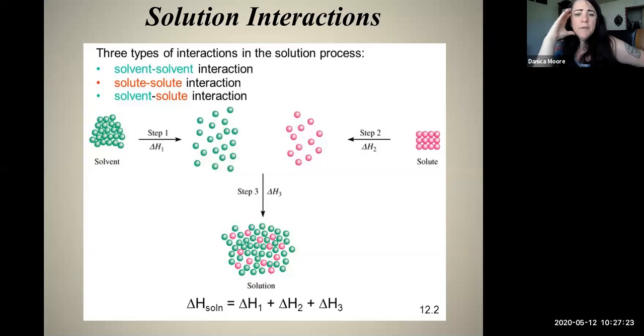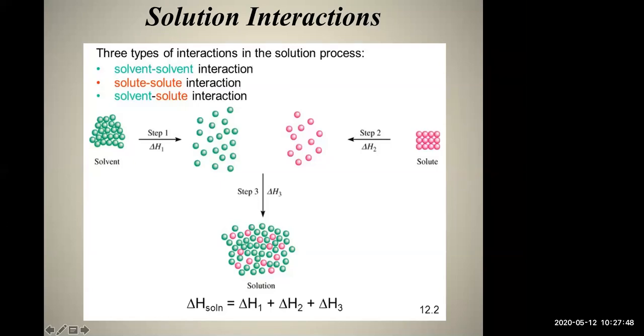So in order to talk about that, we have to talk about the solution process, right? The first step in the solution process is we have to break up the solvent-solvent interactions, right? So is this an endothermic or an exothermic step? Sorry, what was it?